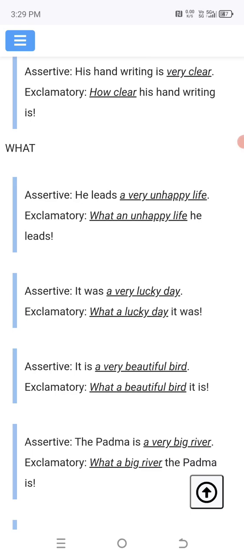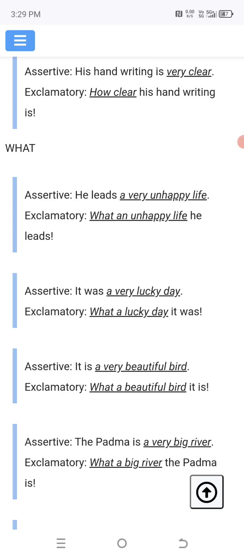It was a very lucky day. What a lucky day it was. Here the article a is used after what, because the word lucky is an adjective and it begins with the consonant l. That's why there is no need to use the article an after the what. We should put a.